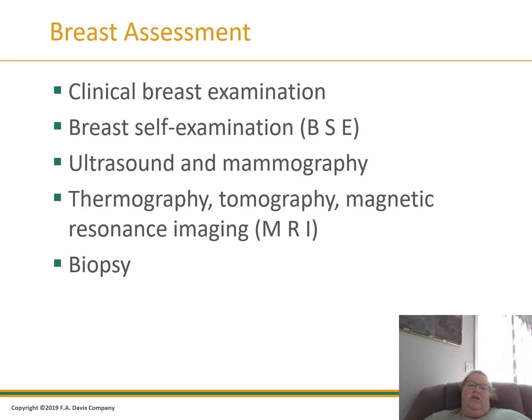So, the clinical breast examination. We all do breast self-examination. You should do it every month on your birthday. My birthday is October 3rd, so every month on the 3rd, I do a self breast exam. Now, here's the thing: as your menstrual cycle changes, so do tougher areas in the breast change.